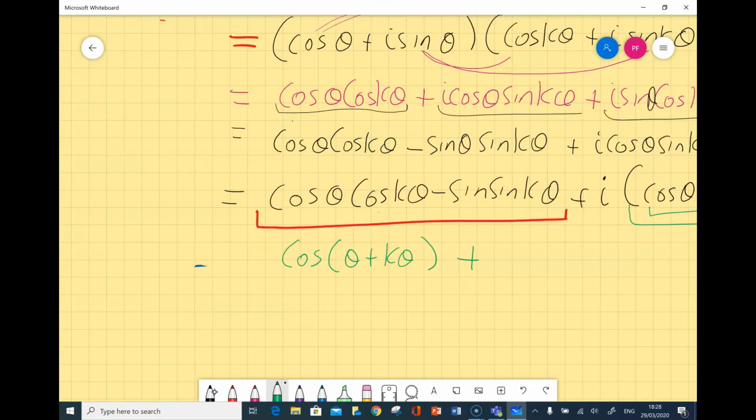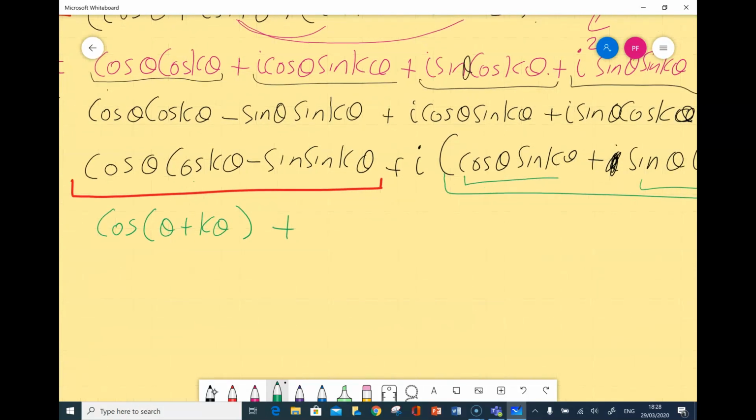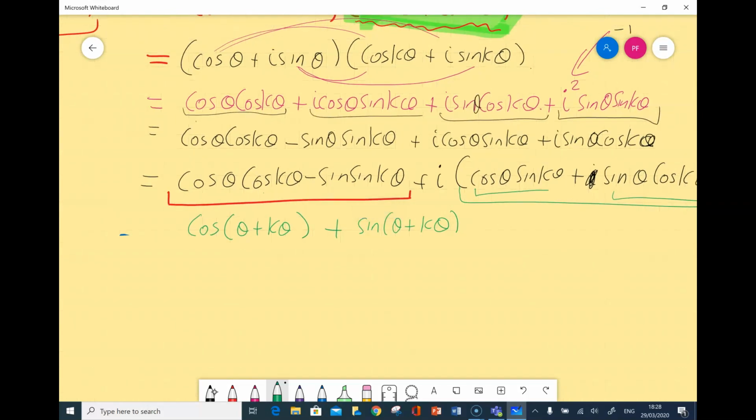So we'll write that down as the sine of theta plus k theta. Don't forget, I have an i in front of that.